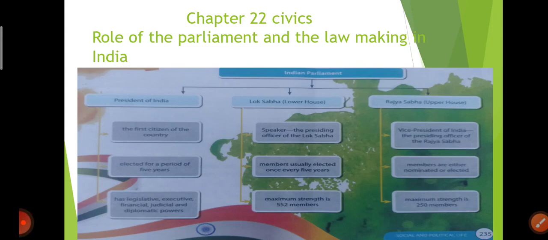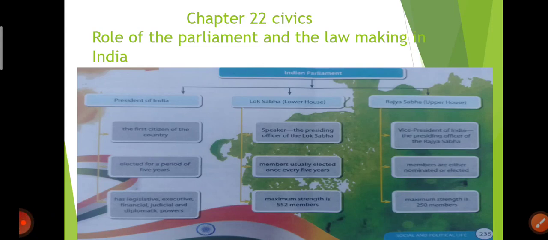One third of these members retire every 2 years and elections to the seats are held. The members of Rajya Sabha are elected for a fixed term of 6 years.